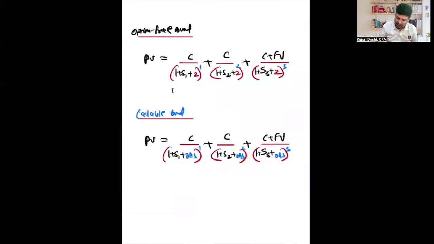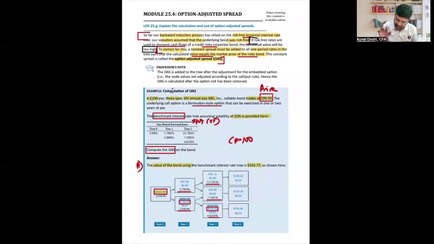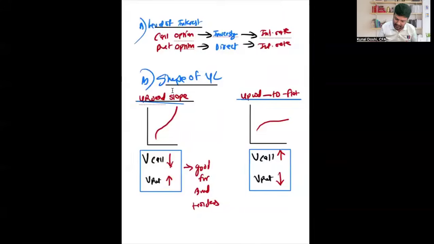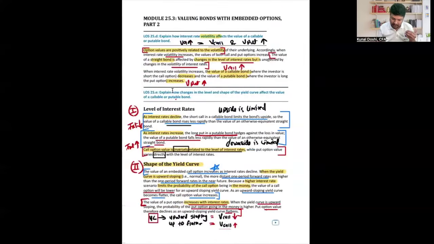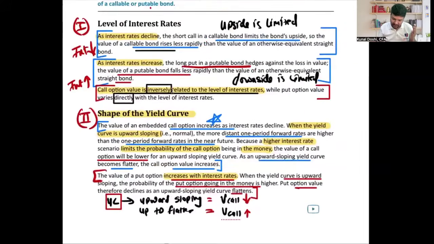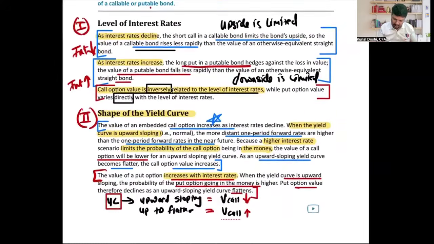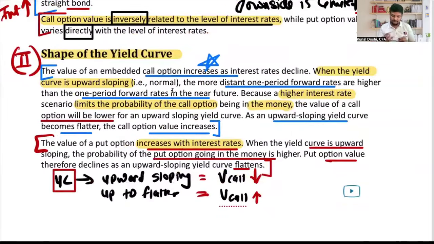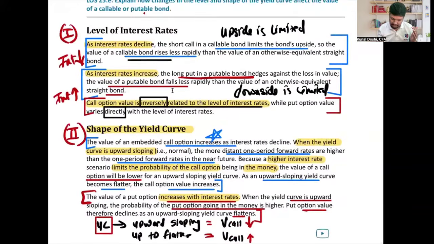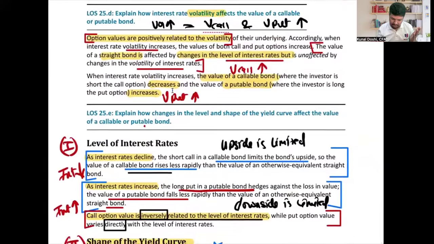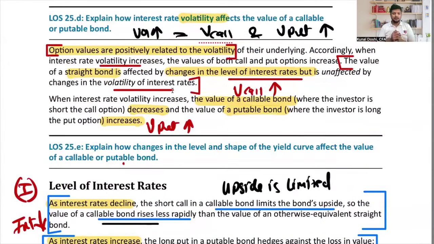Check here, everyone, in our notes with respect to volatility. Level of interest rate shapes. Yep. See this.